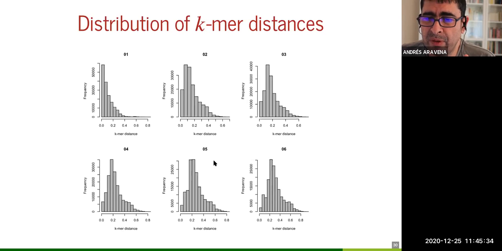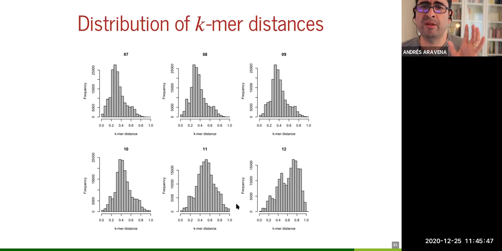With k equal to 2, they are more different. Essentially, you have to see here how this histogram is moving from small distances to higher distances. And then when we go to higher k-mers, when you take things that are with more sequences, you see how these columns are moving. With 11 and 12, you move to this side.